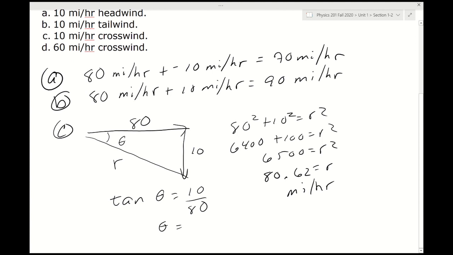So that gives me an angle of approximately 7.13 degrees.